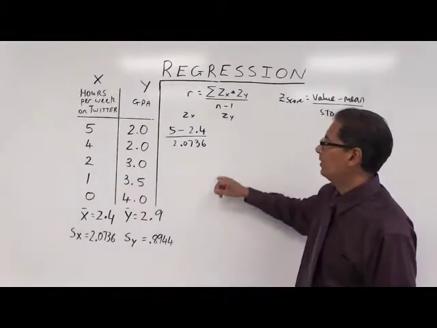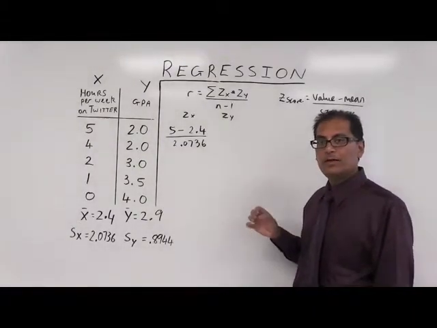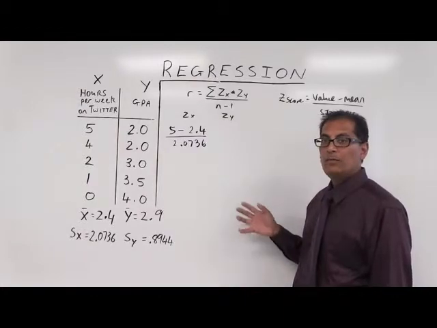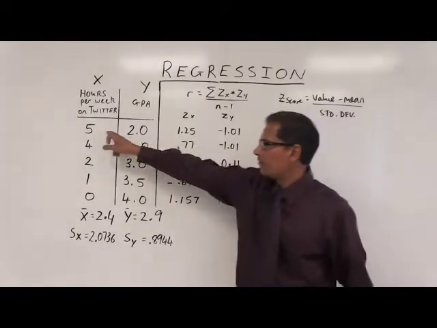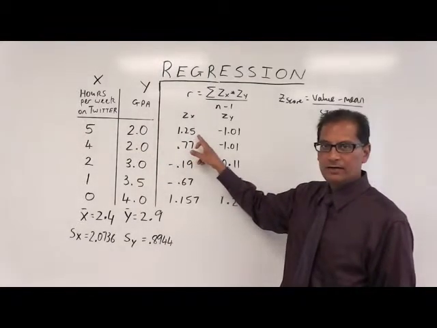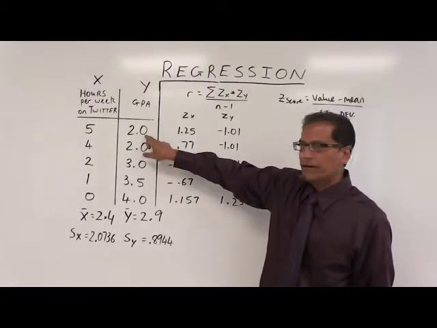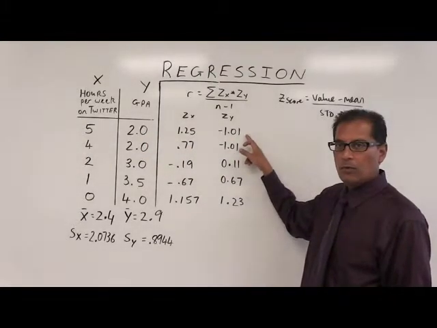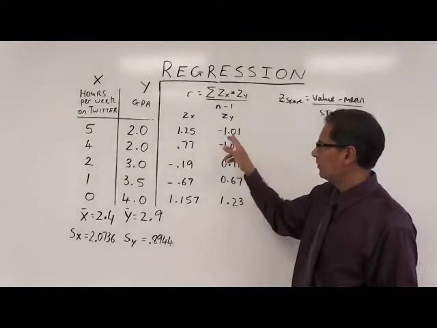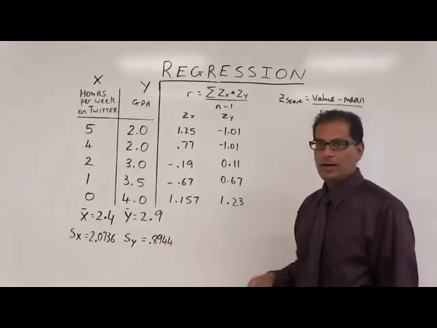Okay, that's the first step. If we do that quickly, we end up with these z-scores here. For example, 5 is 1.25 standard deviations above its mean of 2.4, and this value 2.0 in the GPA is negative 1.01, so it's 1.01 standard deviations below its mean of 2.9.